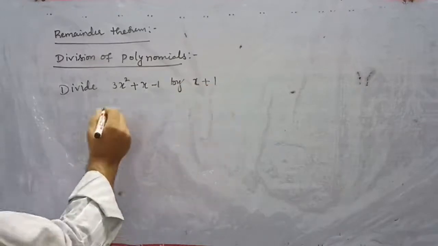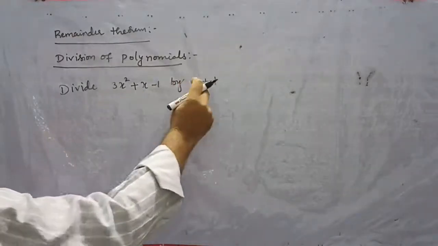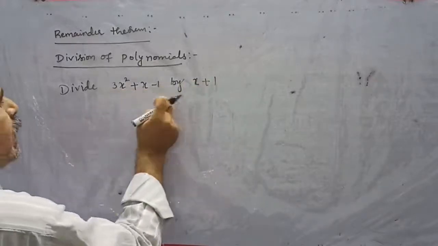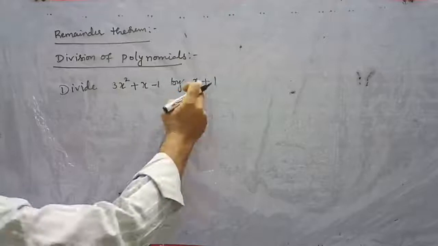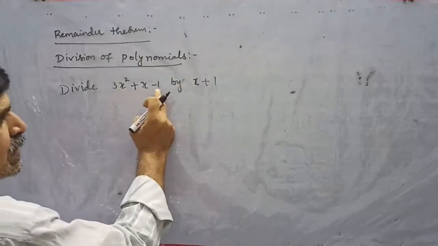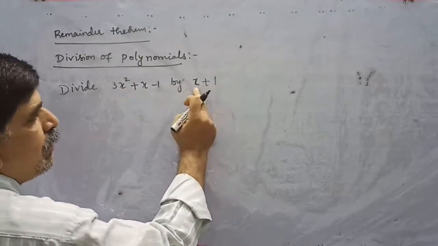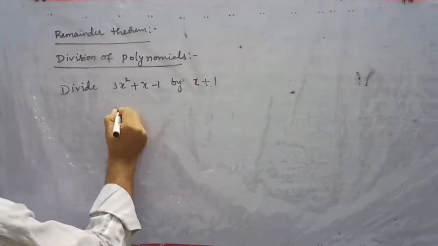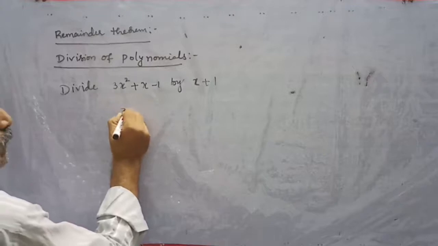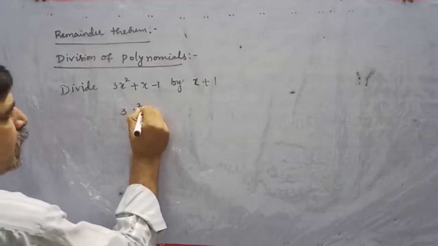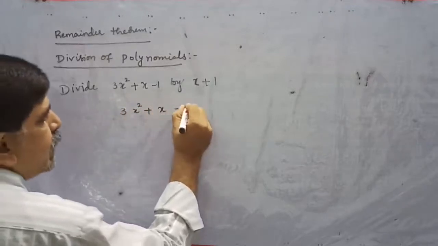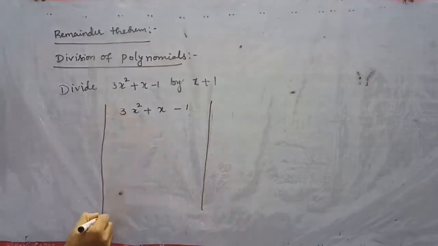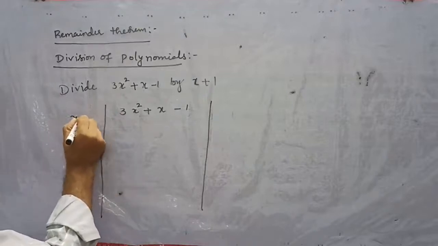Okay. Now, how to divide this one? Generally, if it is a monomial, 3x square plus x minus 1 by x, we will get some value. Here, 3x square plus x minus 1 by linear polynomial x plus 1. This is by using long division method, that is 3x square plus x minus 1 divided by x plus 1.